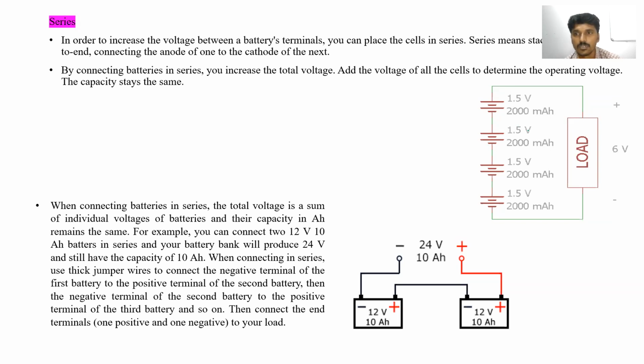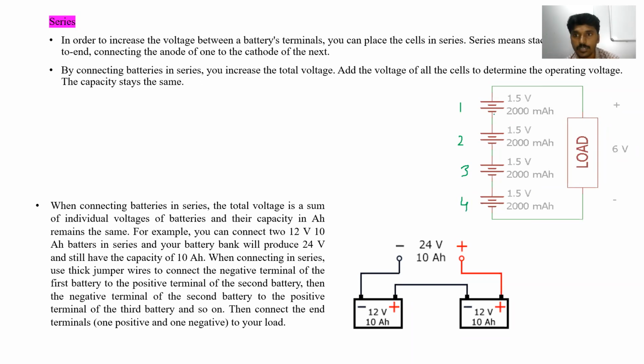The second cell is 1.5 volts, 2000 milliampere hours, the third cell is 1.5 volts, 2000 milliampere hours, and the fourth cell is 1.5 volts, 2000 milliampere hours. We have taken cells 1, 2, 3, 4, and these cells are connected in series.